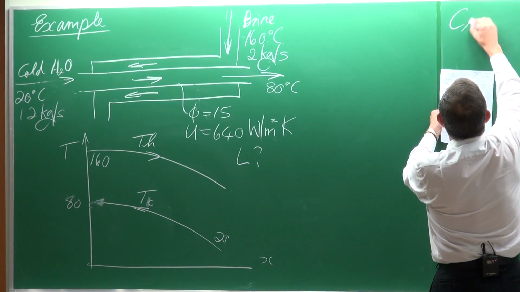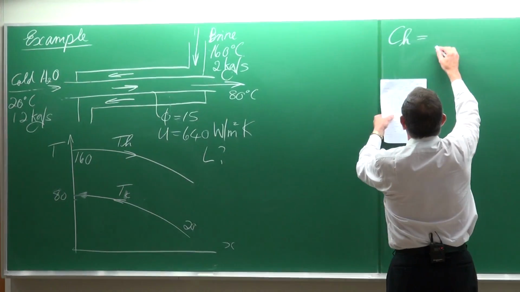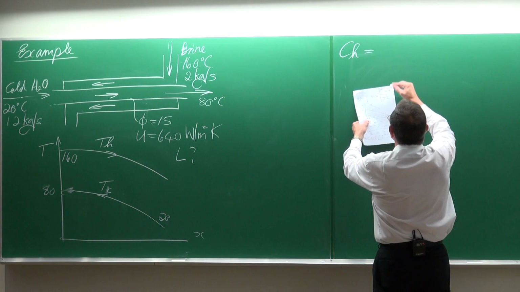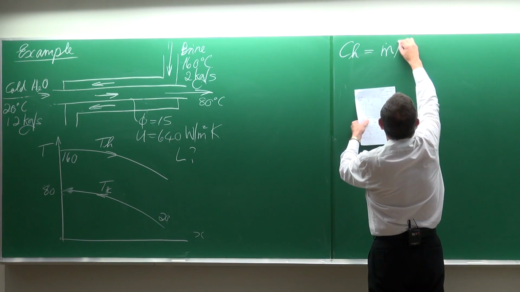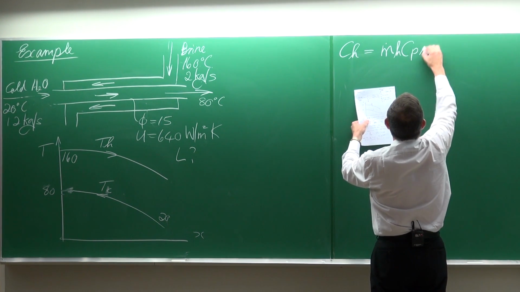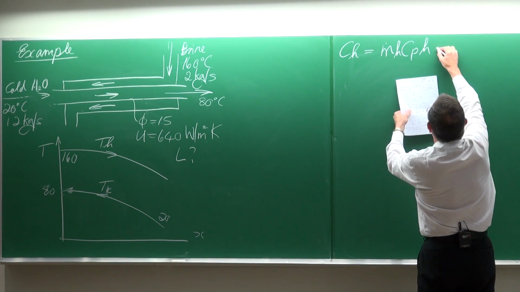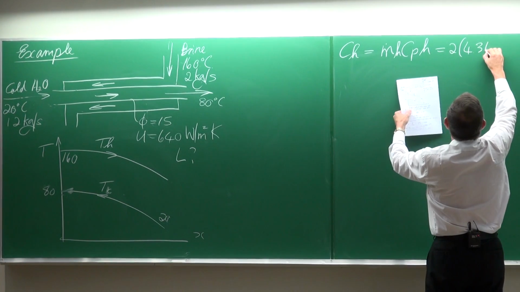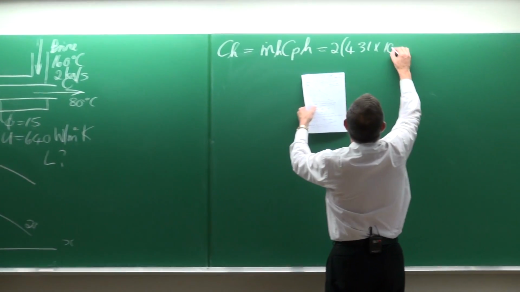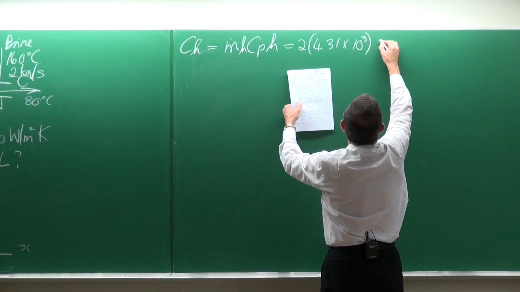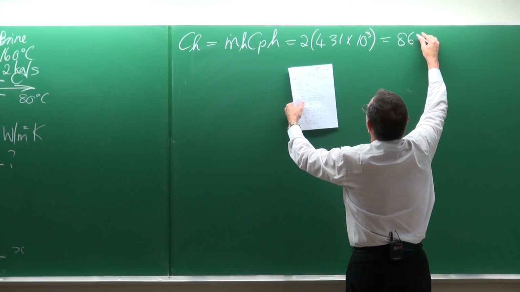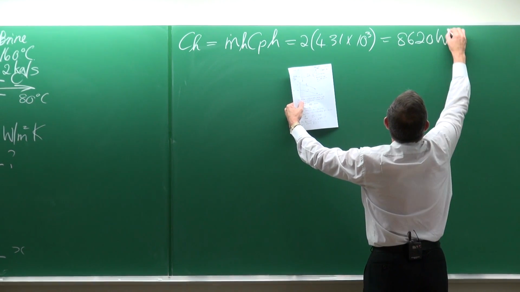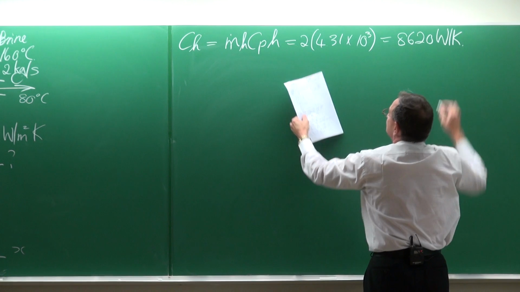Right, with that method, we calculate the heat capacity rate on the hot side, which is the mass flow rate on the hot side multiplied by Cp on the hot side. And the mass flow rate is 2, and the Cp value is 4.31 multiplied by 10 to the 3, and that is equal to 8,620 watts per Kelvin.